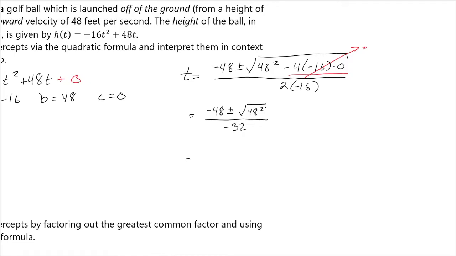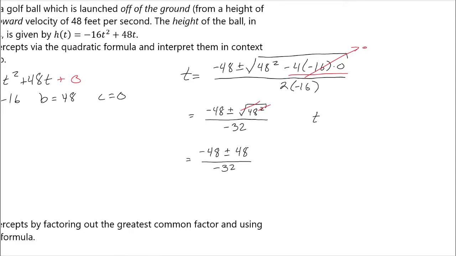So on top we'll have negative 48 plus or minus the square root of 48 squared. The square root and the squared will cancel, so that becomes just a 48. I didn't need to find out what the square was in order to simplify that. And then this will all be over negative 32.